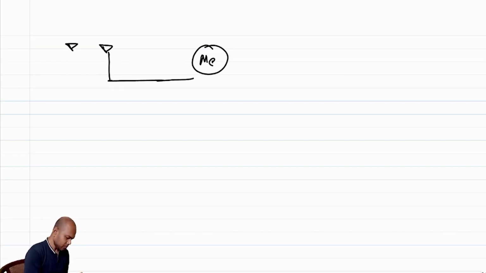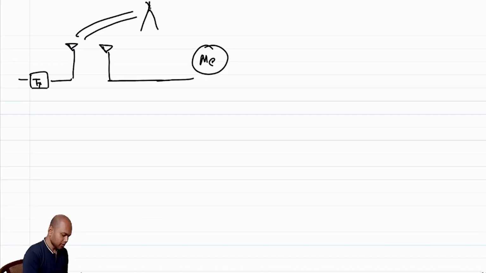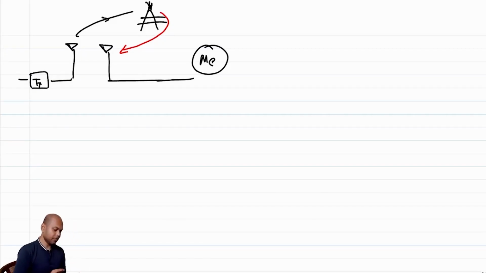This is my friend, who also has an antenna and who is transmitting. This is supposed to go to a base station, to some tower, right? And this tower is supposed to send signals to me from some other band, from somebody else. But since we are sitting next to each other, this signal from my friend is also coming here directly, right?